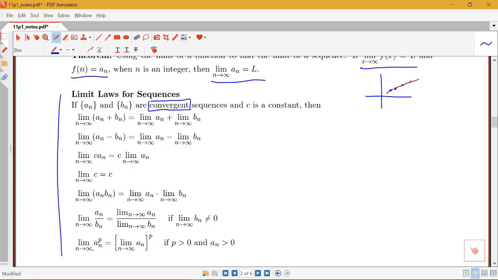And if we have the limit of our sequence to a power, we can bring that limit inside and have the limit raised to the power, as long as we're dealing with positive powers greater than 0. Remember, that's specifically for convergent sequences. In the upcoming videos, we'll look at applying these limit laws to some basic sequence convergence problems, and then we'll introduce a few more theorems and do some additional examples with sequence convergence.